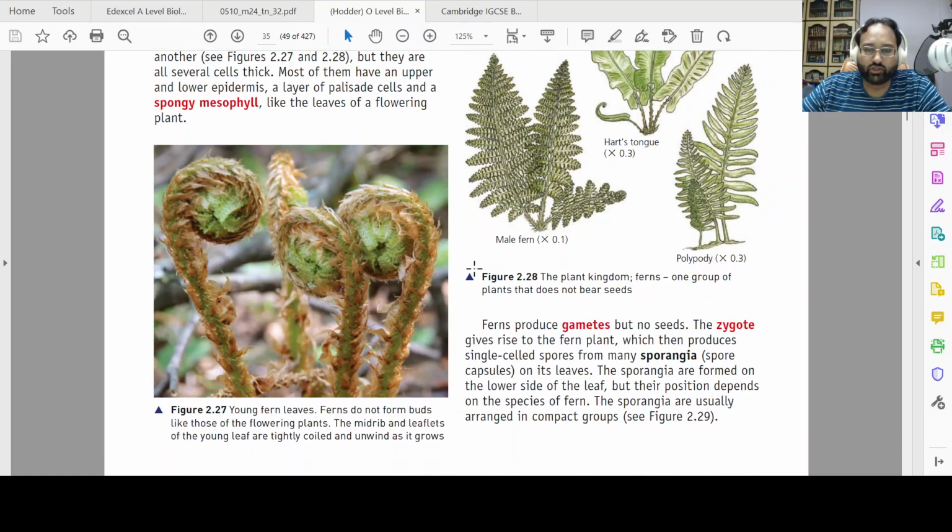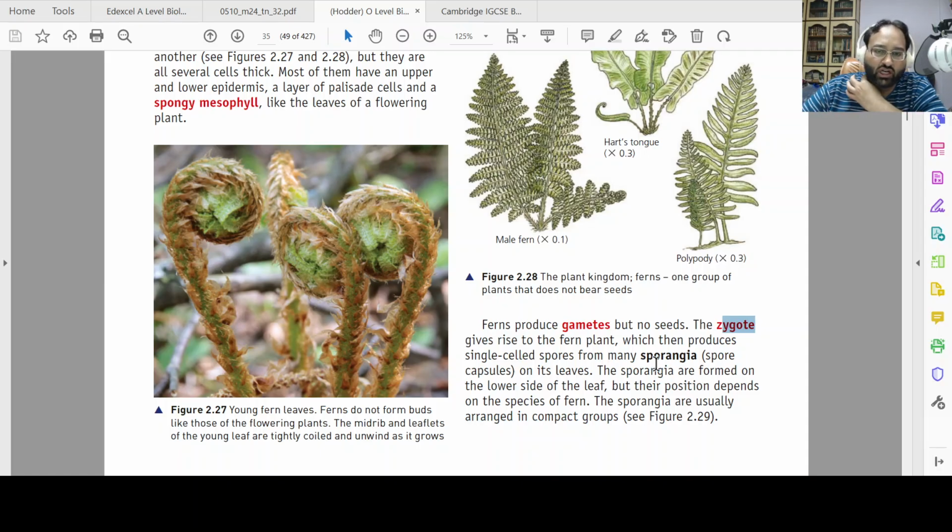Then how do they reproduce? So they produce gametes, which are the reproductive cells. They don't have seeds. The zygote, which is what's formed after the male and female gamete combine, right, gives rise to the fern plant. The fern plant produces single-celled spores from many sporangia.